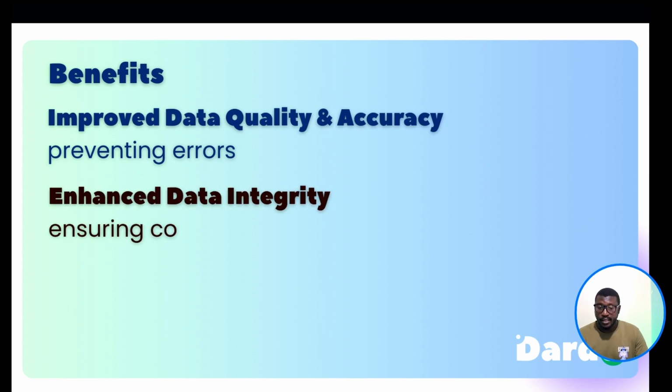Enhanced data integrity. By using data validation, you can ensure consistency with your data, especially when used with the drop-down list data validation, where you're giving persons or yourself predefined options to use when updating your spreadsheet.